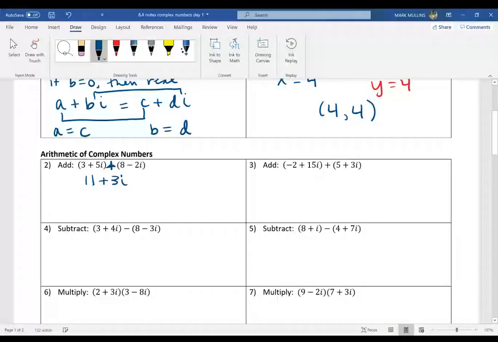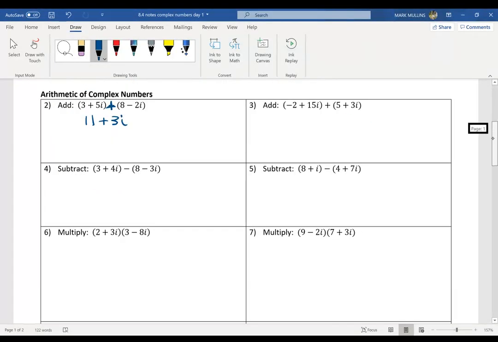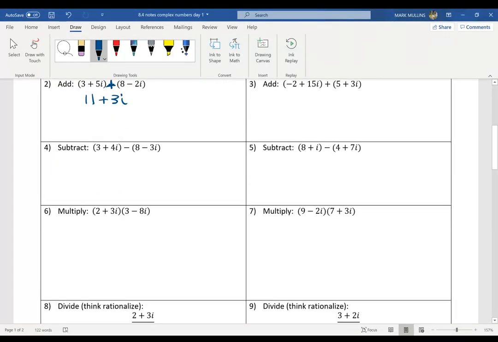We're going to actually work down this page here. So we're going to do 2, 4, and 6, and then you could try 3, 5, and 7 on your own. Pause the video after I try 2, 4, and 6, and then you could check your answers. So I'll work those out quickly without a lot of explanation. In 4 it says subtract. So just like before, my minus sign gets distributed into the parentheses.